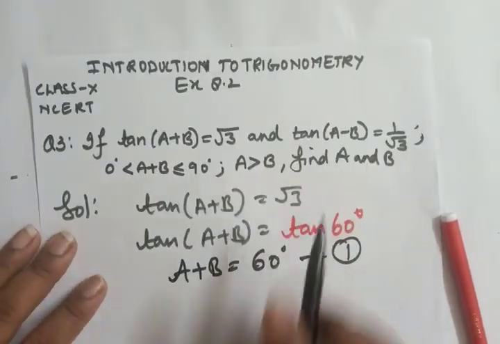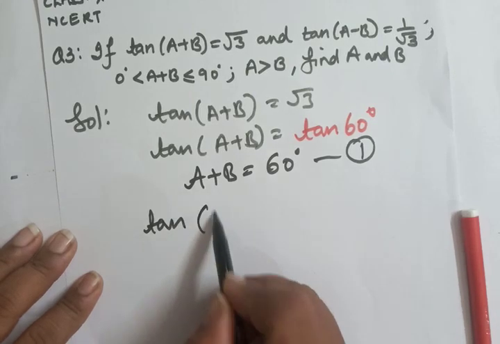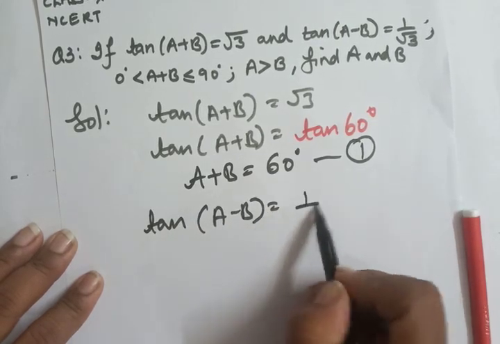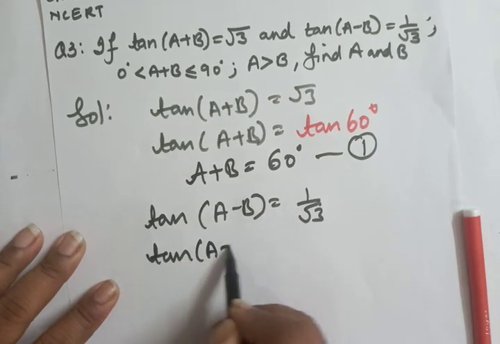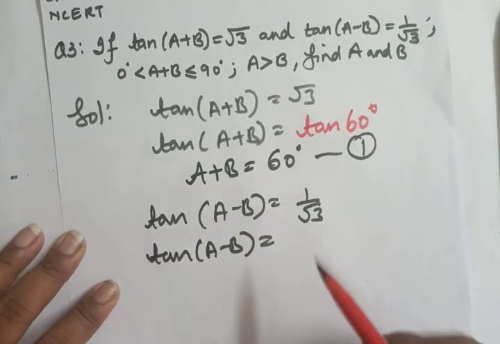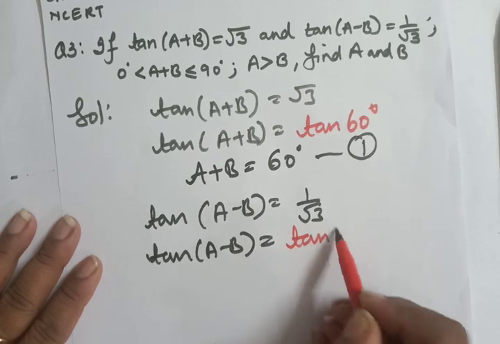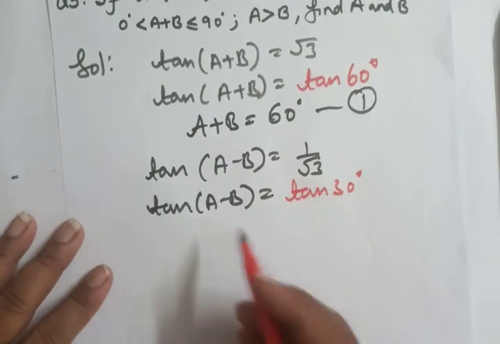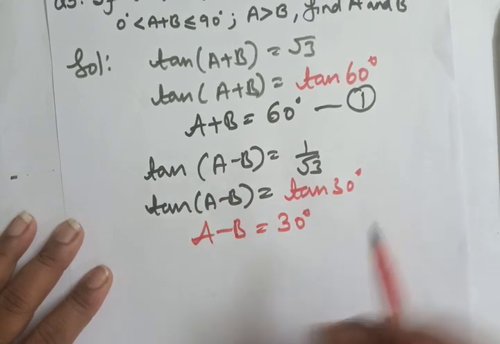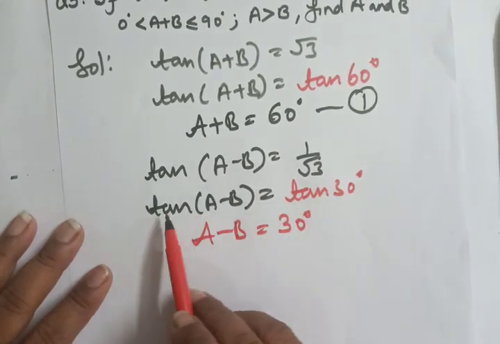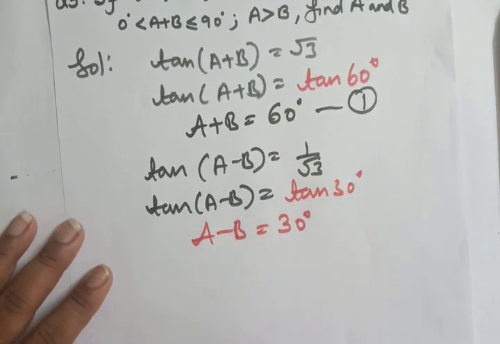Now come to tan (A minus B), which is equal to 1 upon root 3, the value of tan 30 degree. Basically tan (A minus B) is equal to tan 30, it means A minus B is equal to 30 degree.